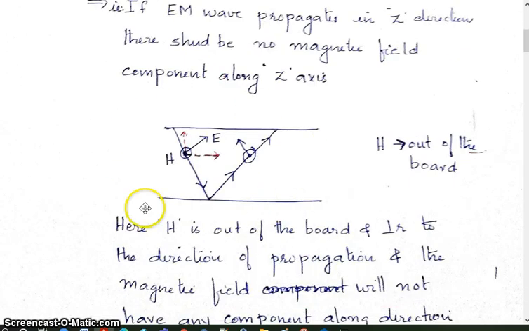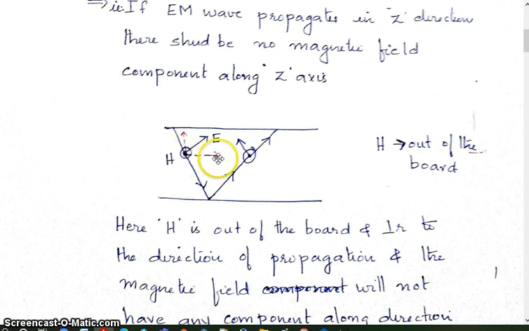So here I have drawn the components of electric field and magnetic field for a TM mode, and this is the direction of propagation of our electromagnetic wave. This arrow mark represents the electric field, and the red line represents the component of the electric field vector.